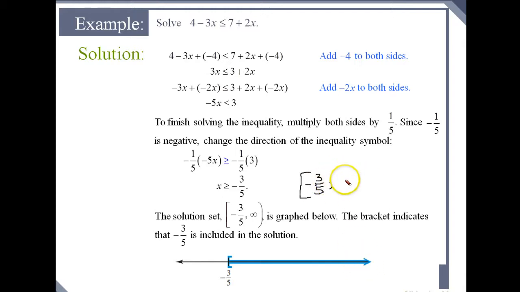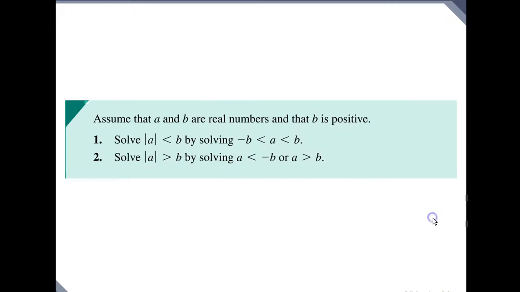What's out here? Well, positive infinity, and infinity, whether it's positive or negative, always uses a parenthesis. Okay, that was a good little one to choose there and look at.